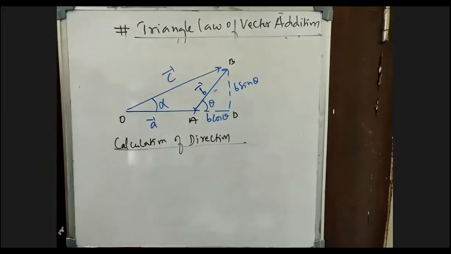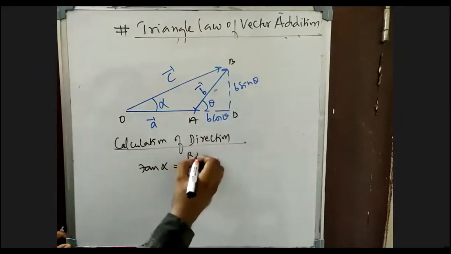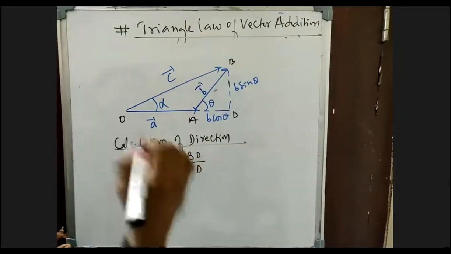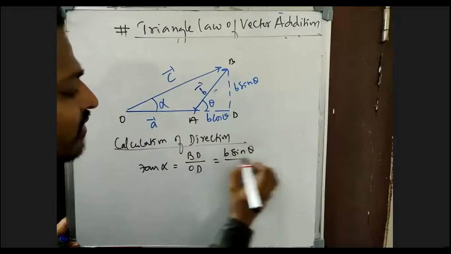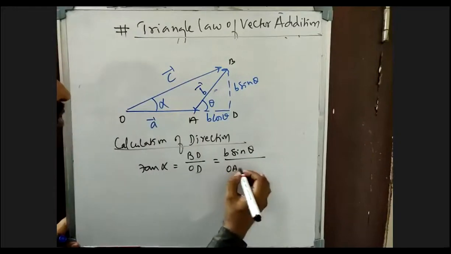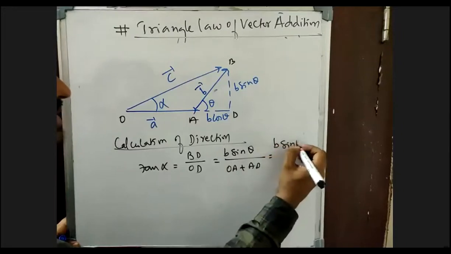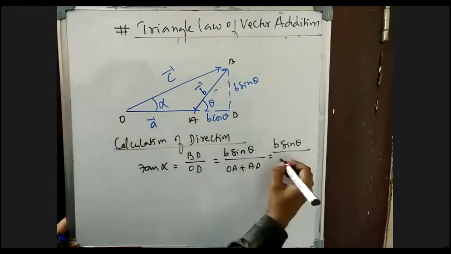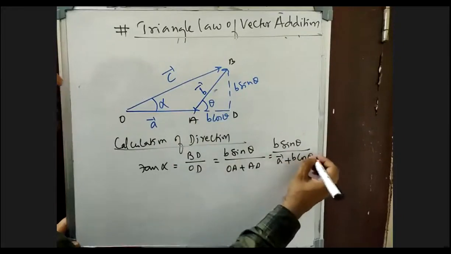Now, from the figure, what can I write? Tan alpha is equal to BD divided by OD. Is it clear? BD value is B into sine theta, divided by OD, which is OA plus AD. OA is A bar, plus AD is B into cos theta.